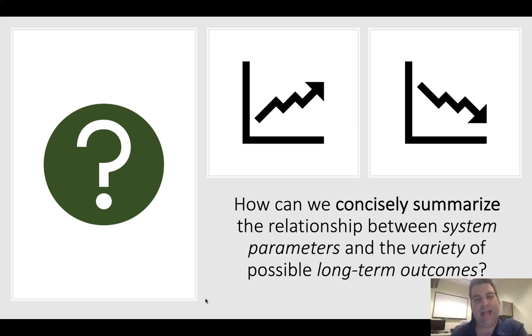And so having to generate a lot of trajectories for every single parameter that you might think of, and then show that across these trajectories you get some outcomes that are sustainable and some outcomes that aren't, it seems like there should be a more concise way to present that information, maybe getting rid of all the transient data and only focusing on the possible outcomes that we would see in the long run as things kind of settle down.